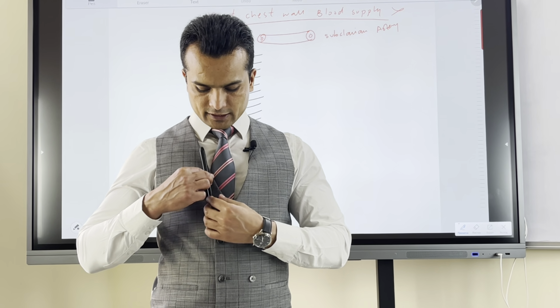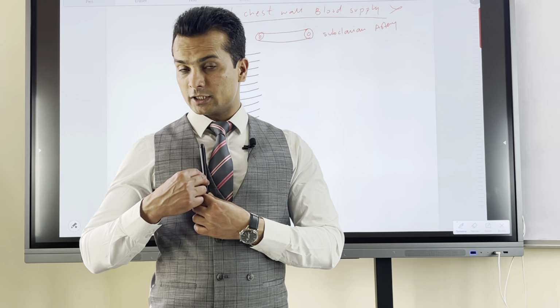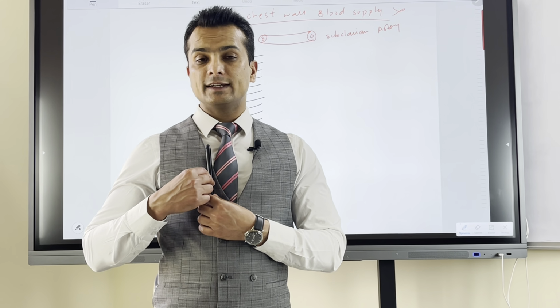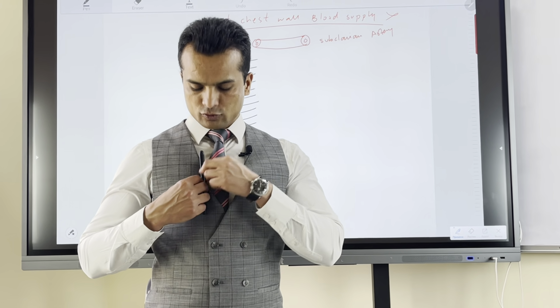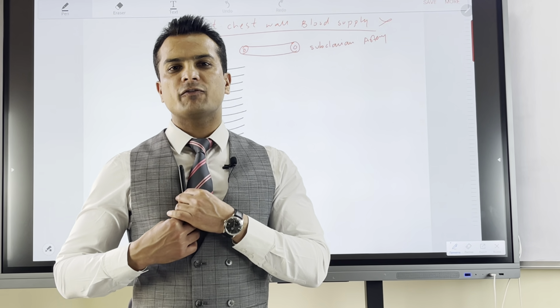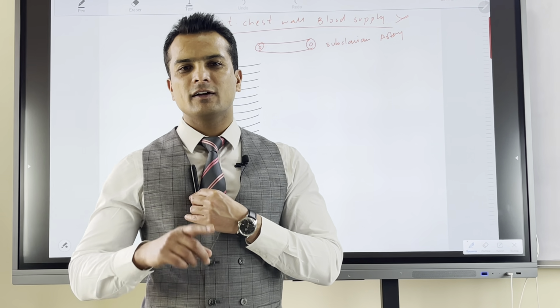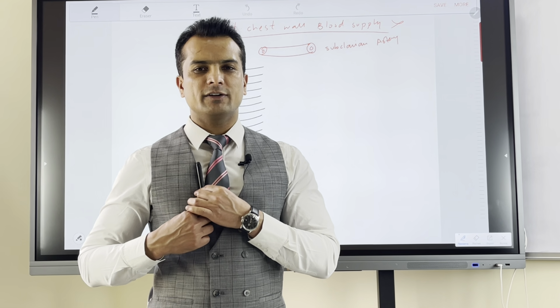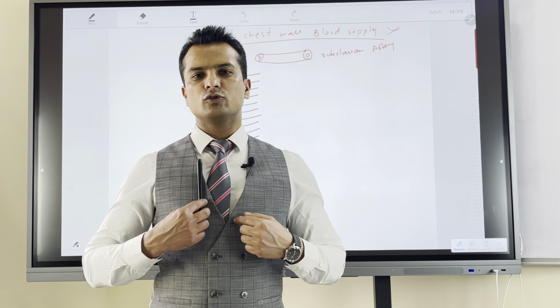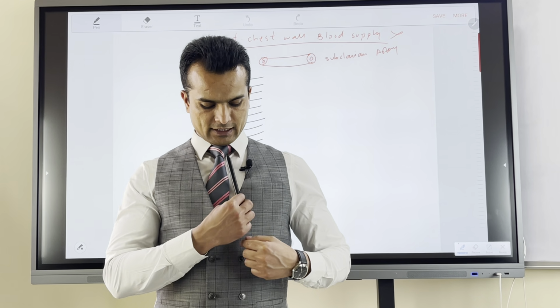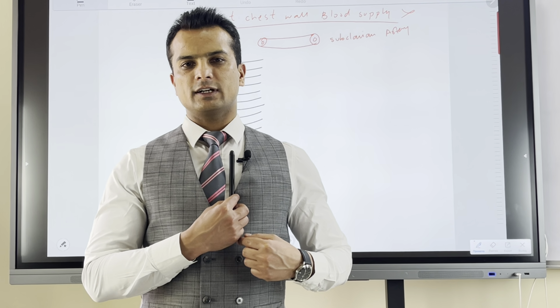This artery originates from the first part of the subclavian artery and descends behind the first 6 costal cartilages, just 1 centimeter, one finger breadth, lateral to the body of the sternum. So here will be your right internal thoracic artery, and here your left internal thoracic artery.